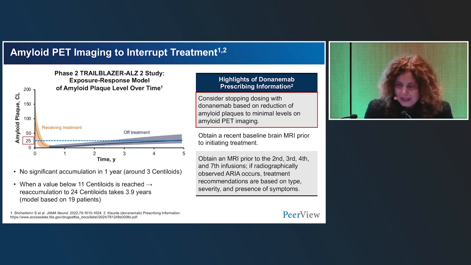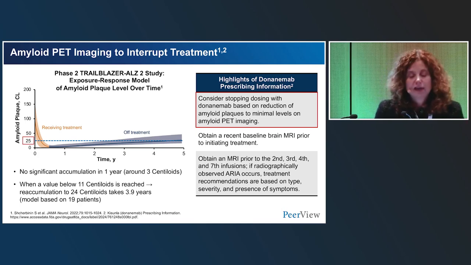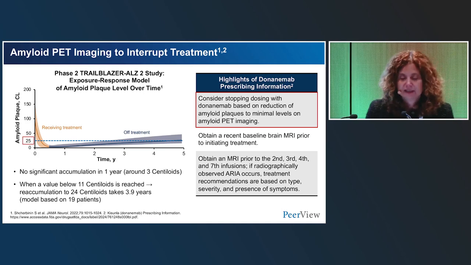There are a lot of information already on this topic, but for the sake of time, we already know that if patients become negative, so the centiloids value goes below 25 centiloids, these patients tend to have no significant accumulation after 1 year, because 3 centiloids is just the test-retest variation, so it's not significant.